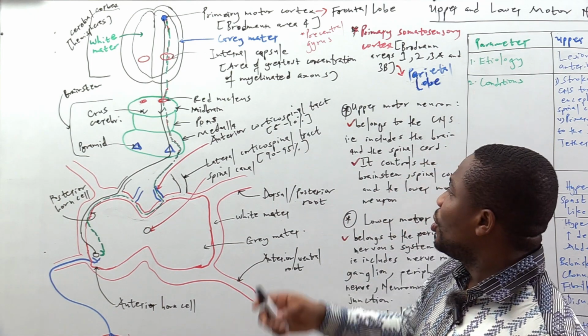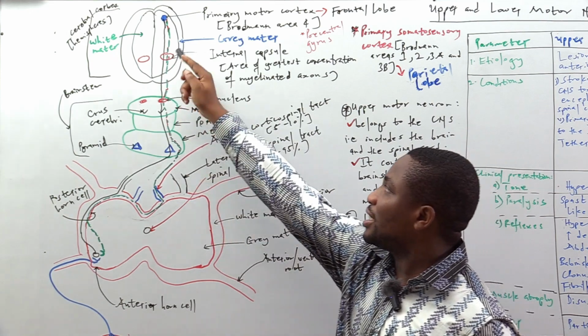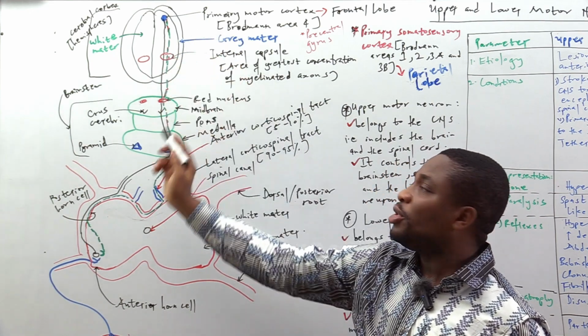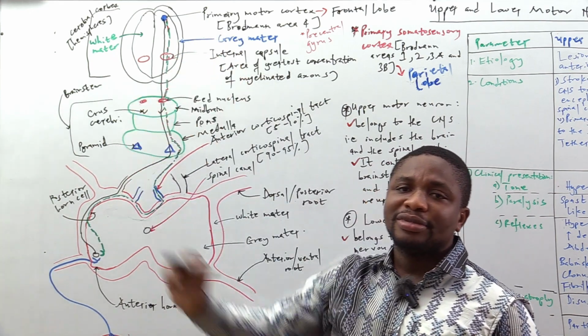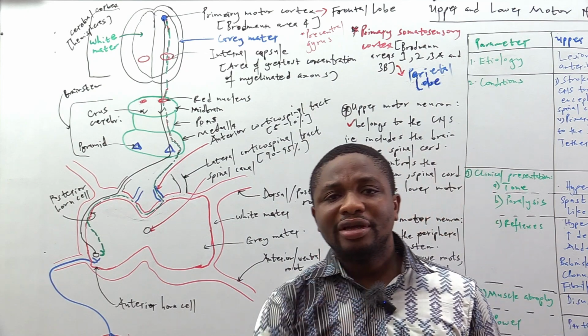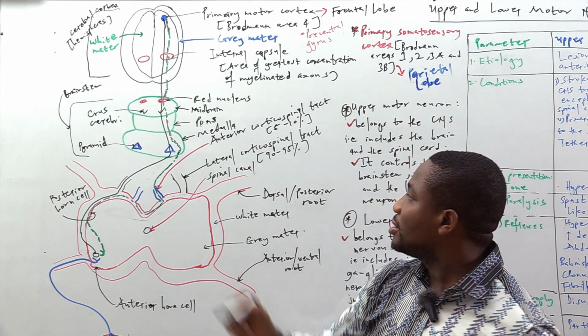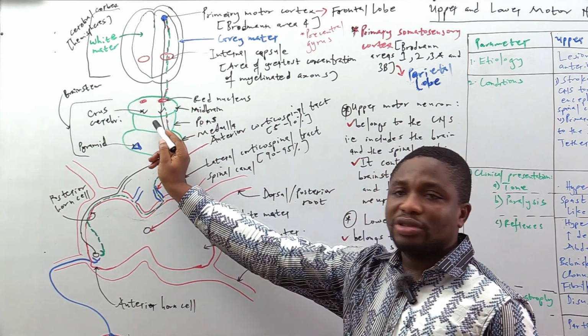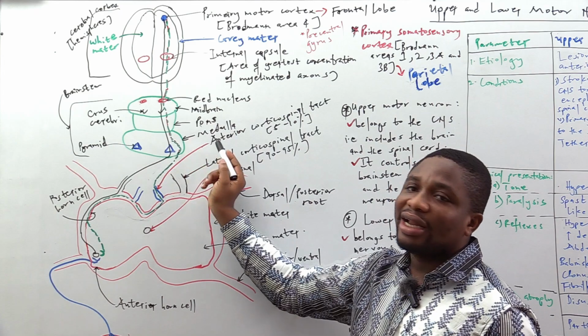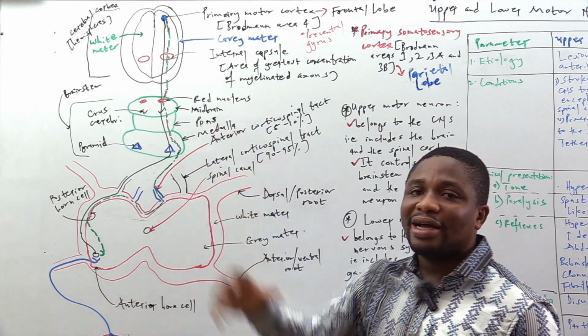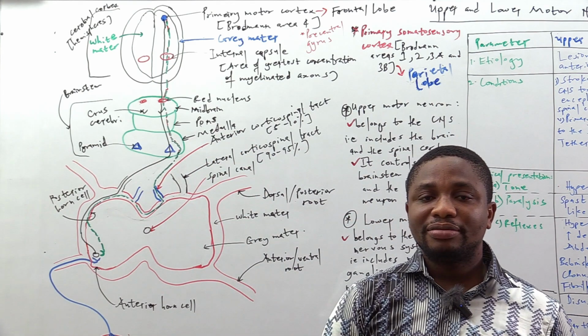Now, you move on again, just below the cerebrum, we have what we call the brainstem. And the brainstem has three divisions, three portions. That is the midbrain here, the pons here, and the medulla here. So together you call it what? The brainstem.